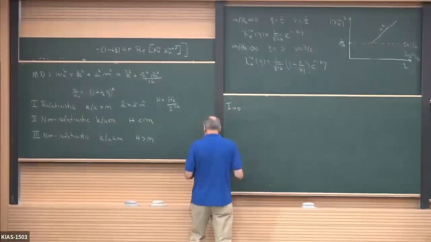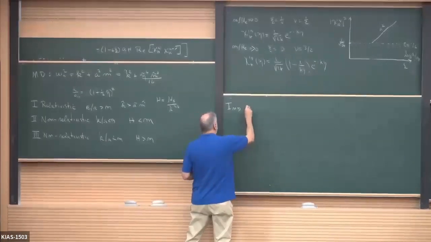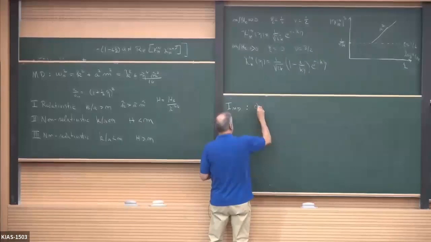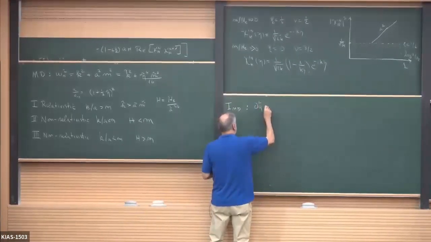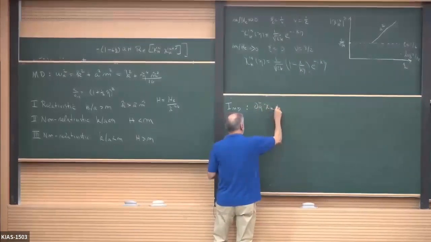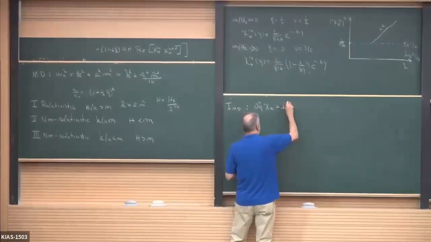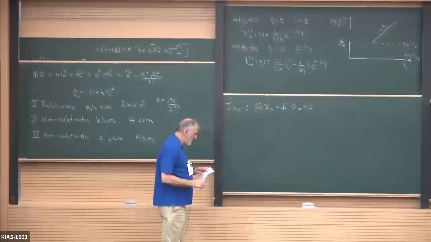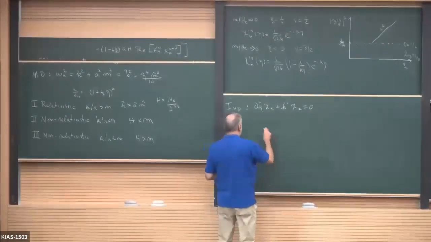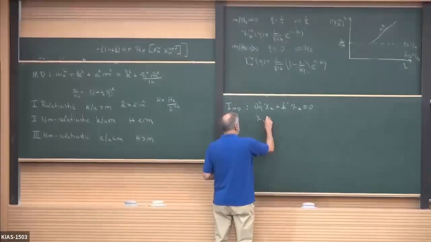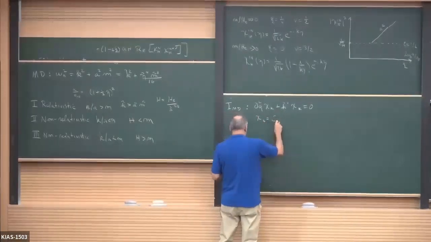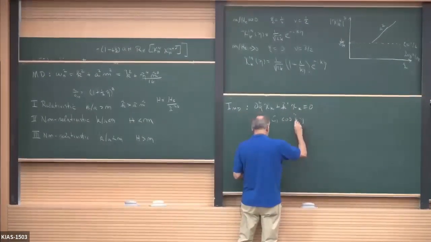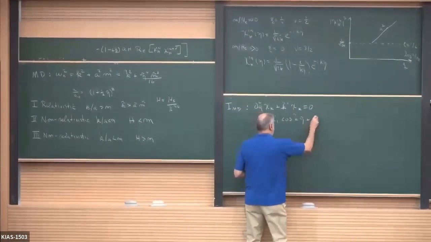So in the matter-dominated phase, for 1, in the relativistic region, the mode equation is simple. And of course, there are 2 solutions, chi k is some constant times a cosine and a sine.